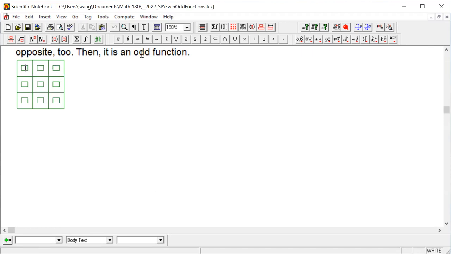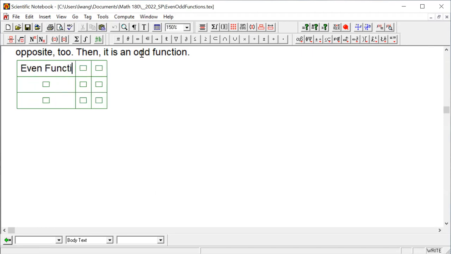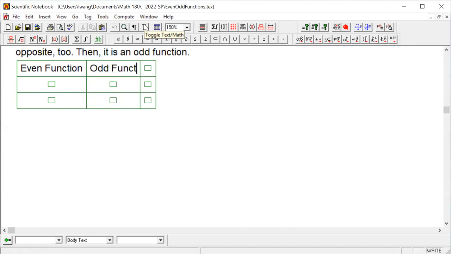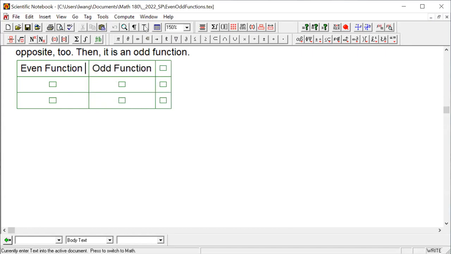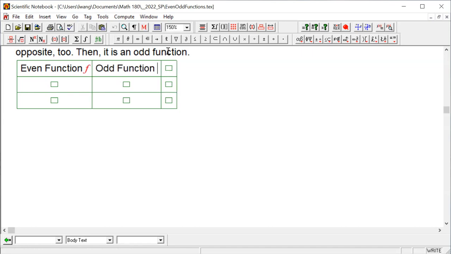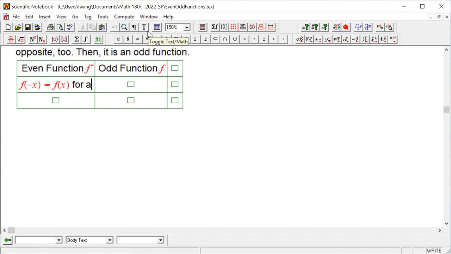Even function, odd function, and we call them f. The definition for an even function is f of negative x is the same as f of x, for all x in the domain.